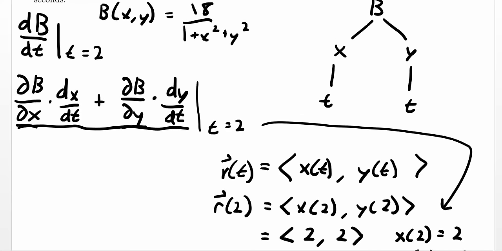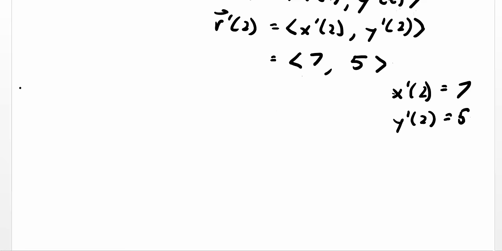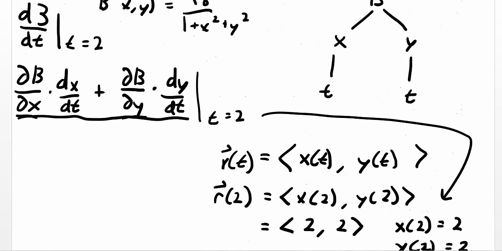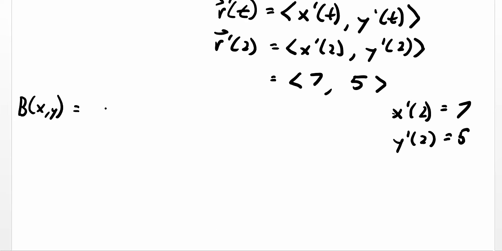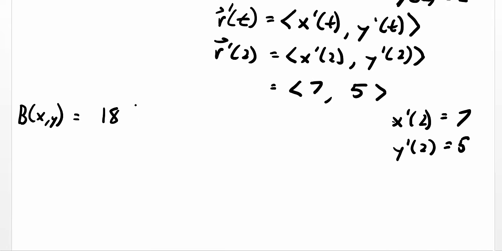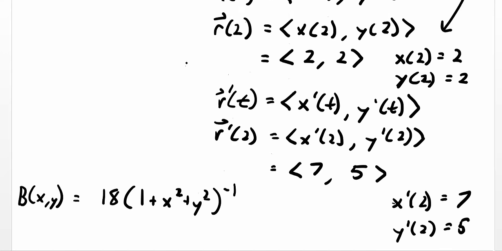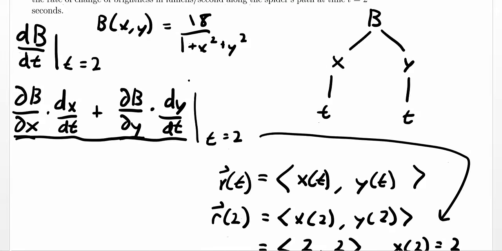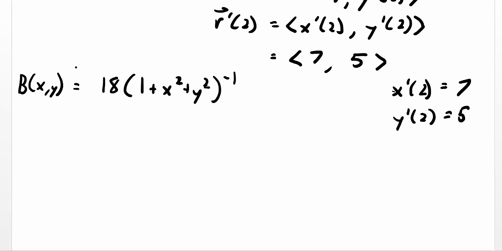So let's go through and calculate partial b with respect to x. And we're going to rewrite our formula as 1 plus x squared plus y squared to the negative 1. We're doing this so that we can avoid the quotient rule. And now let's calculate partial b with respect to x.